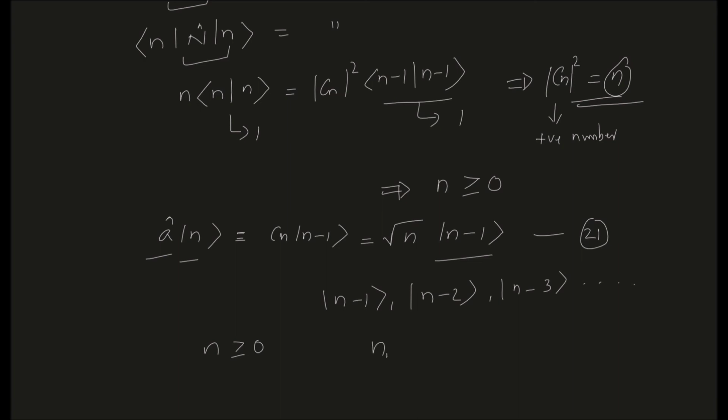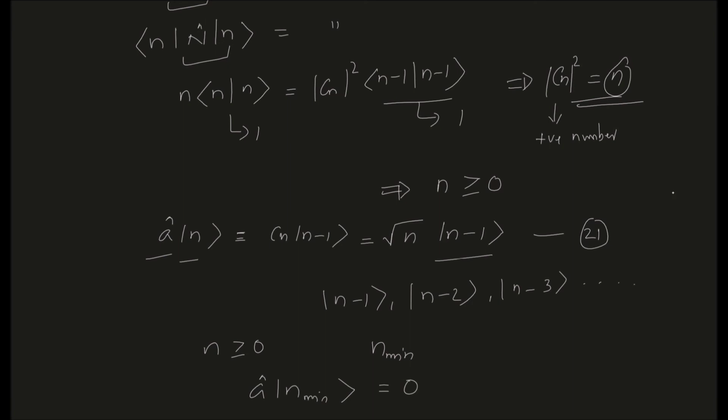eigenvalue n minimum such that when we apply this operator a, we no longer step down the eigenvalue, but instead we hit the lowest possible eigenstate. So you can write a acting on |n_min⟩ should give you 0.